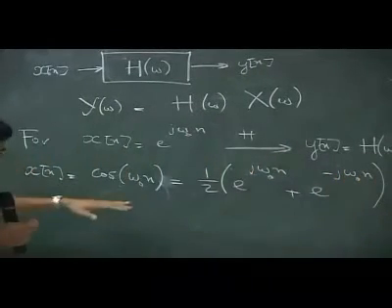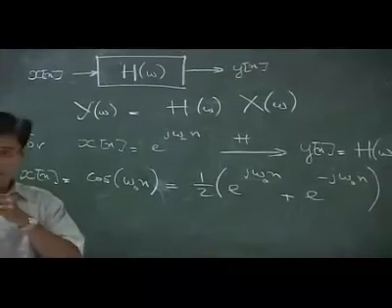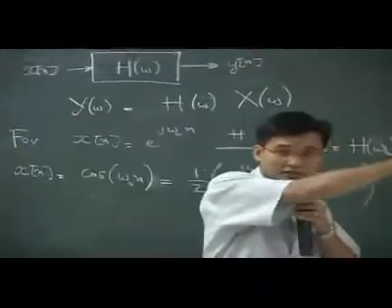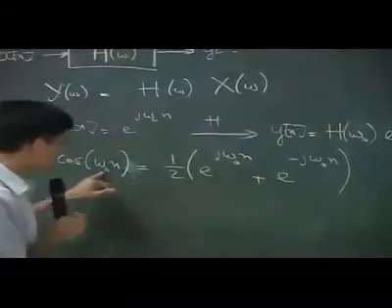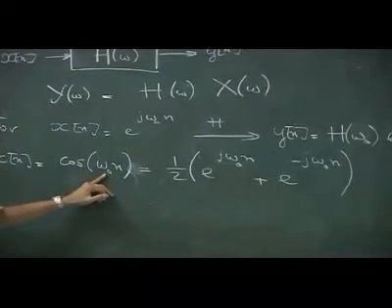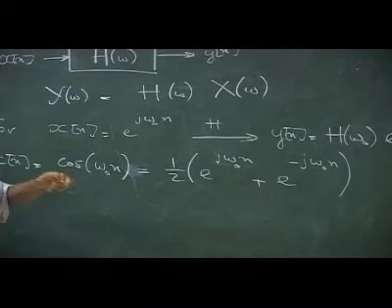So I consider this signal, which is not hard to imagine. It's an oscillating signal with a certain frequency, ω₀. So I fix ω₀, I have that signal, and it can be written in this way.